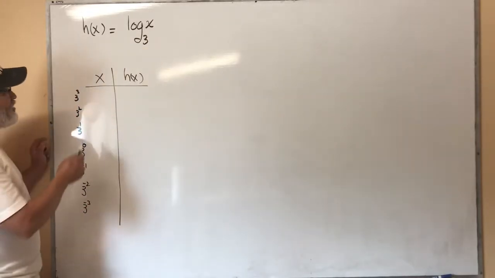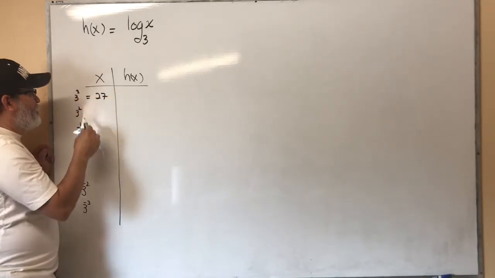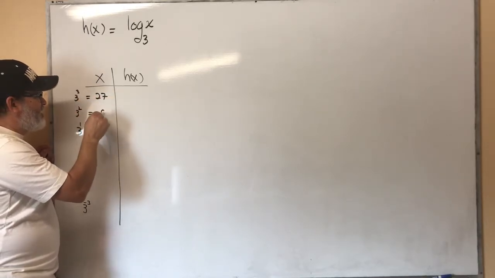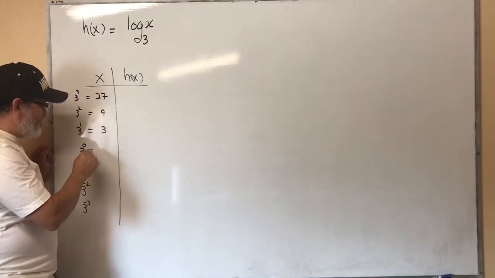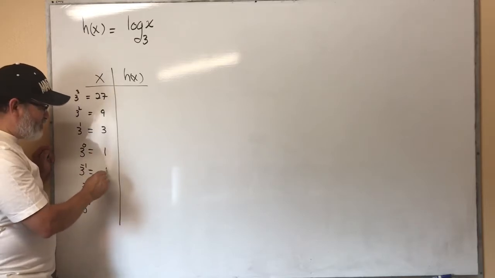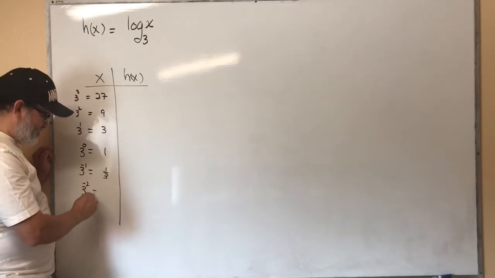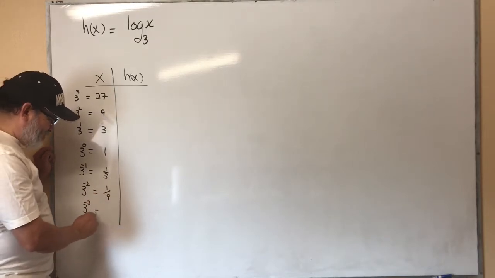In other words, let x be 27. Let x be 9. Let x be 3. These are smart values. Let x be 1. Let x be 1/3. Let x be 1/9. Let x be 1/27.